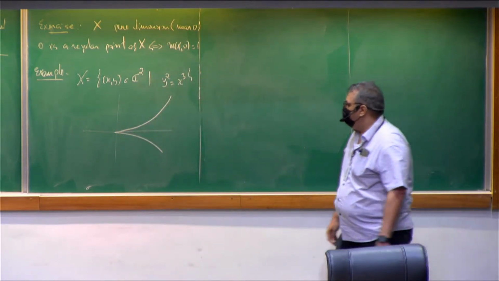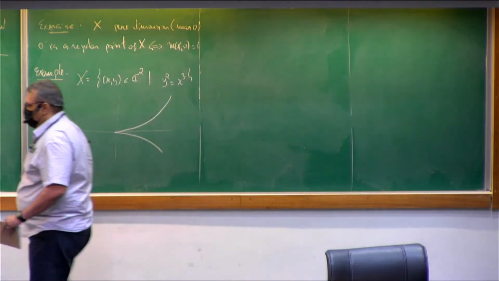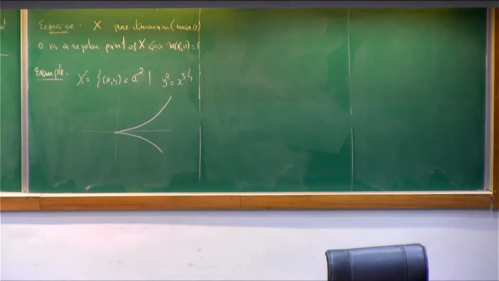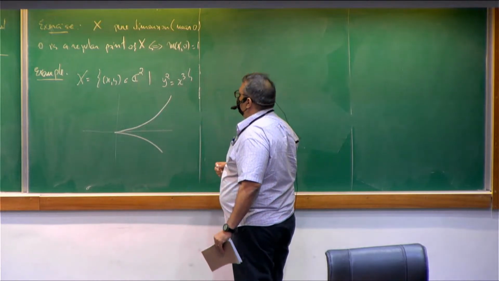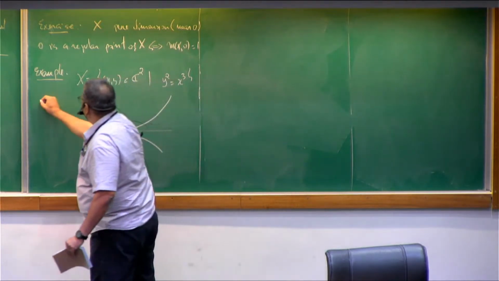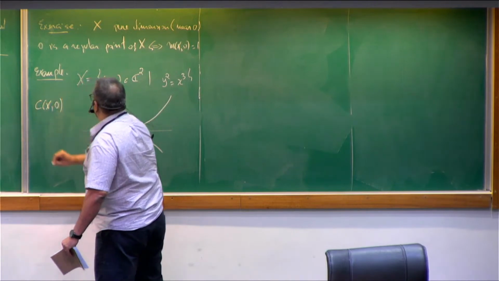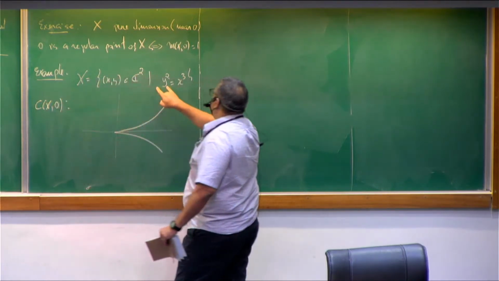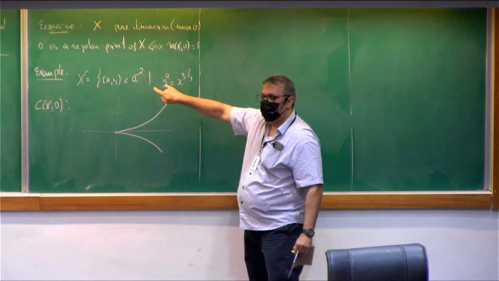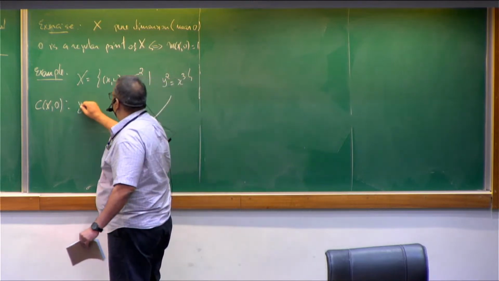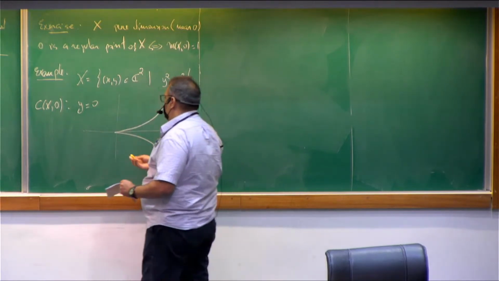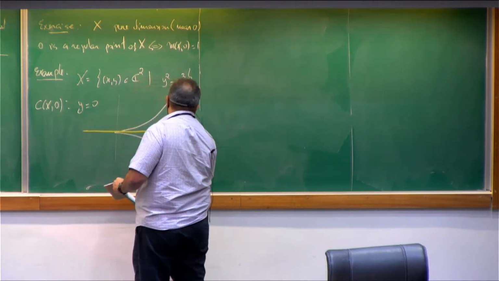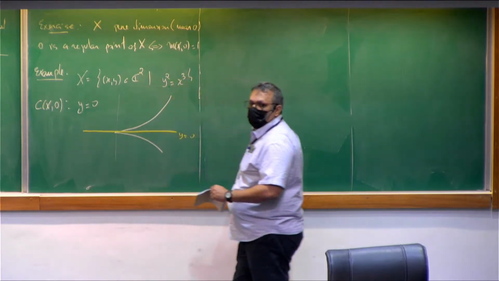There is no picture, but let's think this is a picture of this set. Then we saw in the lectures on tangent cones that the tangent cone of X at the origin is given by the zero set of this form here, that is y equal to 0. Y equal to 0 is this line, the tangent cone.